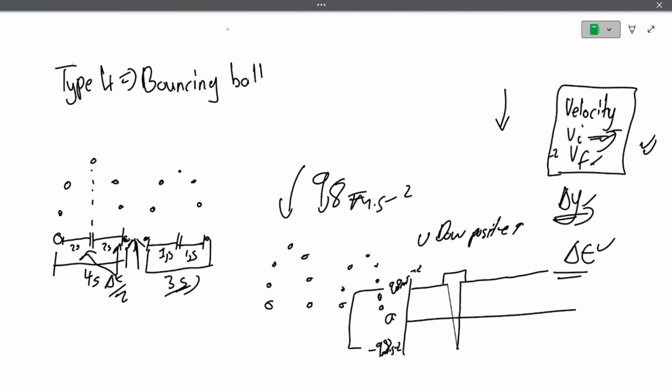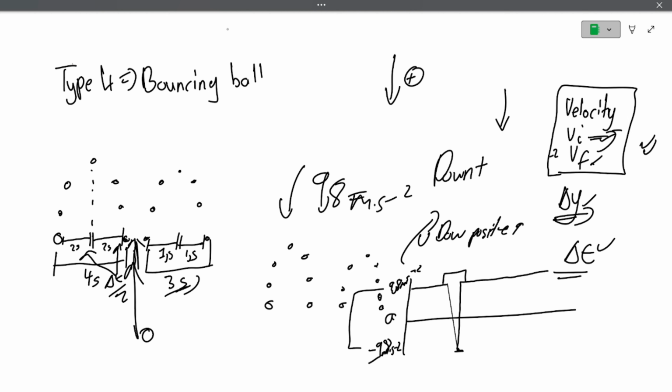What does this thing represent? It represents this place where the ball is in contact with the floor. So what does this mean? It means that if down is positive, then if acceleration is downwards, it will be positive.